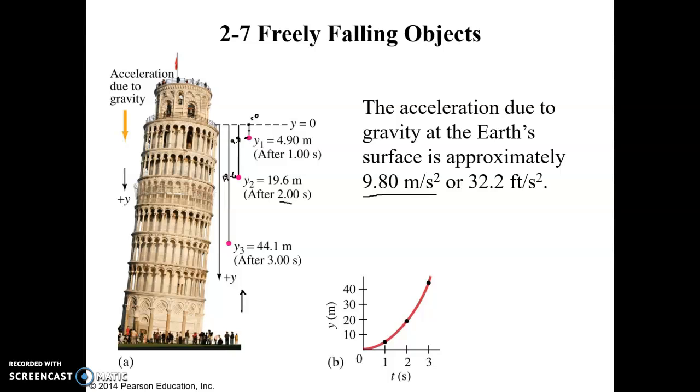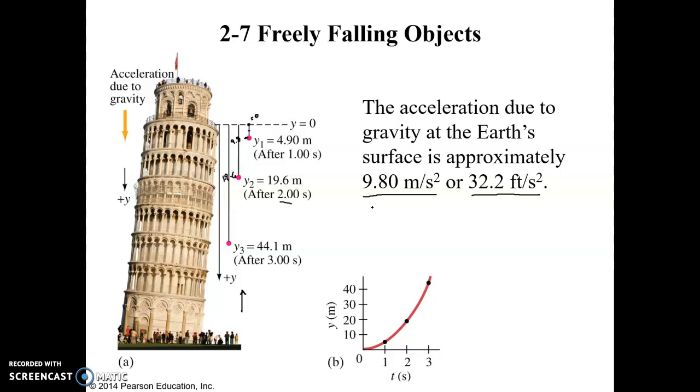We are going to make certain allowances for our calculations for free-falling objects, and one of them is that we will neglect the effect of air or wind resistance. Just as a side note, the acceleration due to gravity in English units is 32.2 feet per second squared, but we won't really be using that.